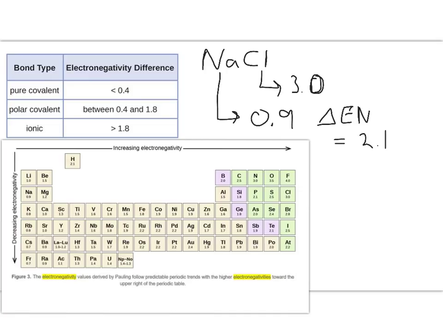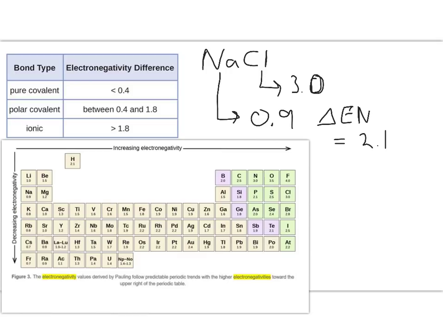That's the absolute difference between the two. That is greater than this value. So an electronegativity difference greater than 1.8 indicates that you have an ionic compound.